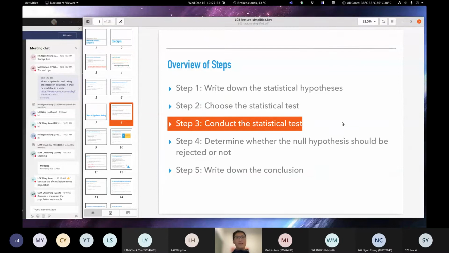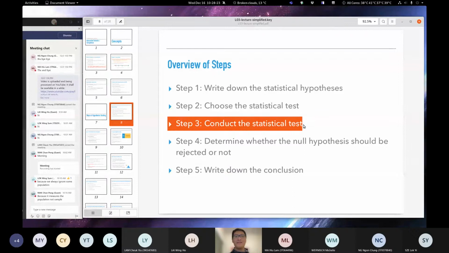Step 3 is to conduct the statistical test. Now, I used to teach statistics for many years. And when I teach statistics, the students usually find the statistical test extremely difficult. But the good news for you here is that you are not learning statistics here. You are learning data analysis.